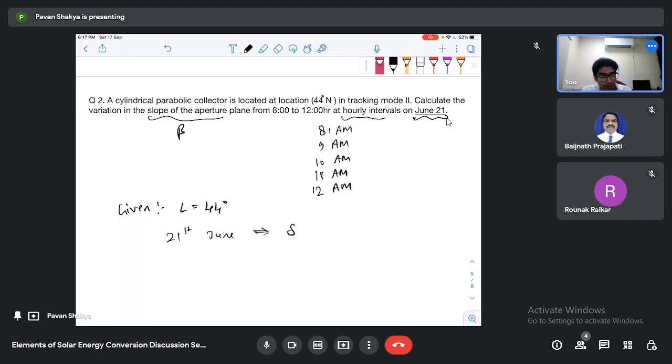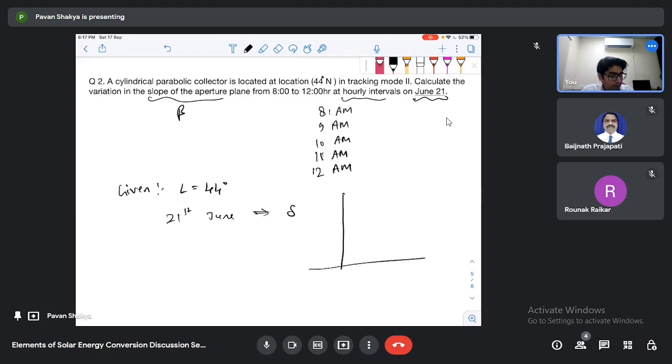If you are aware of the graph for delta, then you can memorize that on 21st June, this angle becomes maximum and the value for it is 23.45 degree.